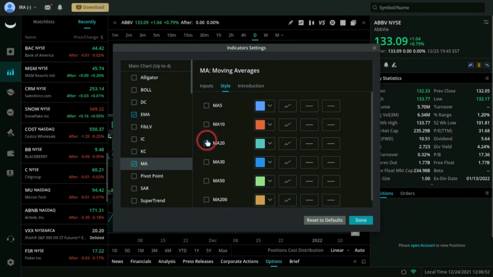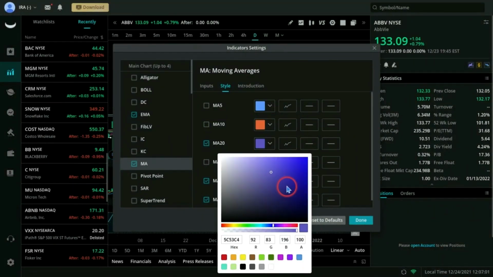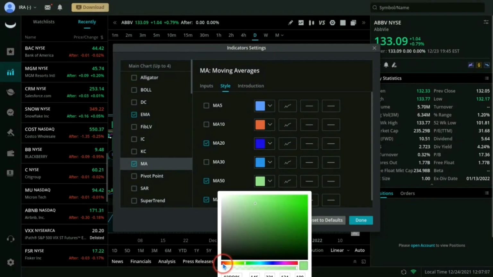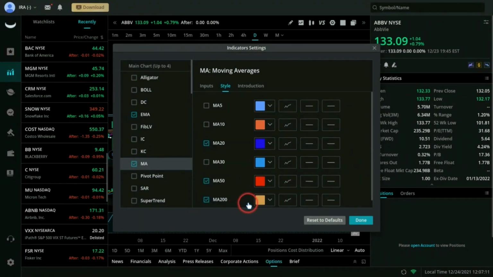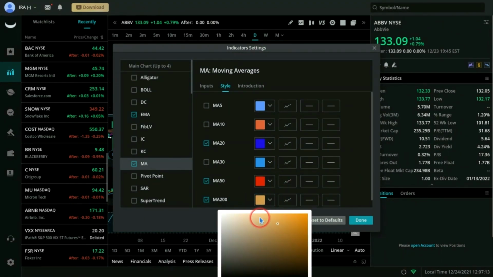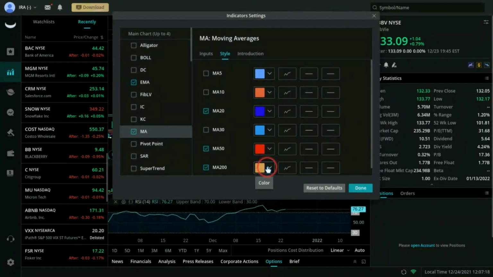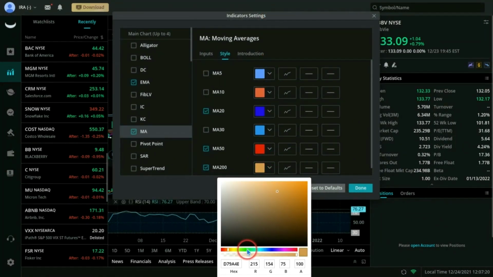I'm gonna select 20, 50 and 200. I'm going to change our 20 to blue. I'm going to change our 50 to red. I'm going to change our 200. Wait a minute, let me pull this up a little bit. I'm going to change our 200 to lime green.